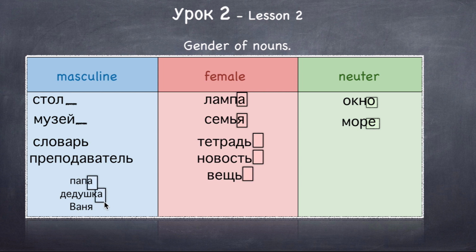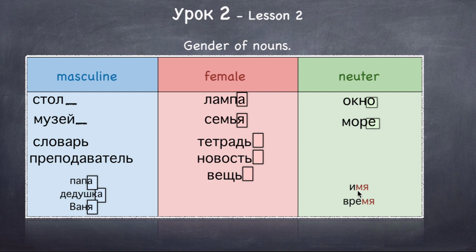So grammatically, there are endings a and ya. And you will see later these nouns will be declined as female. We will call this phenomenon grammatical gender.